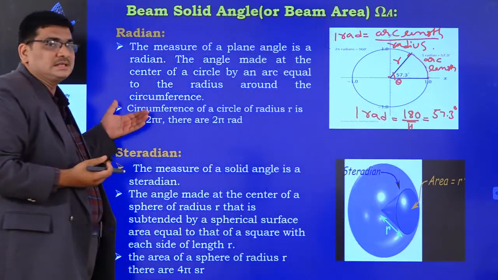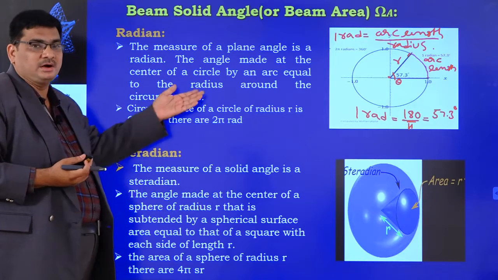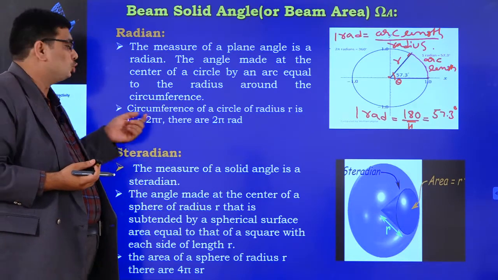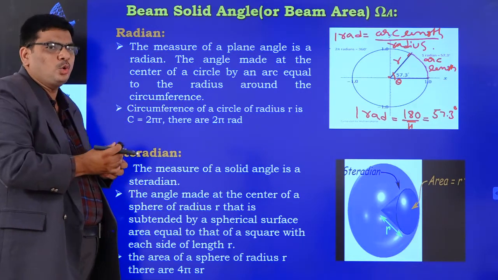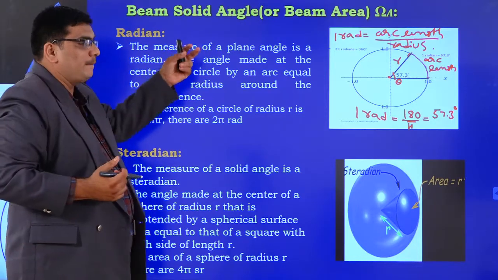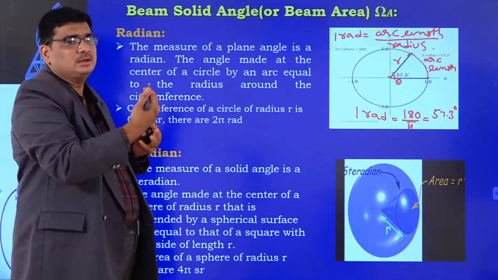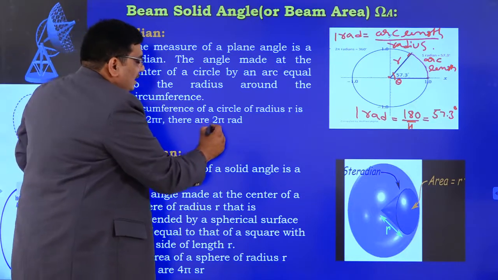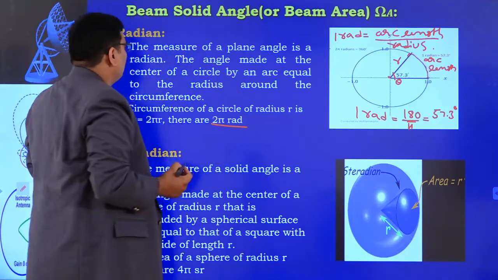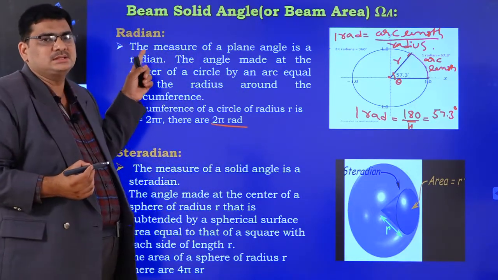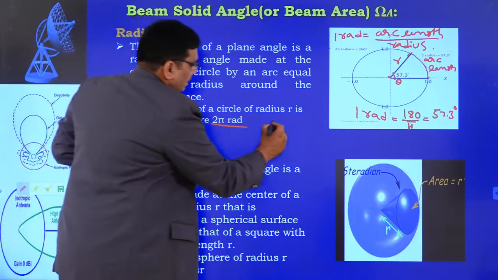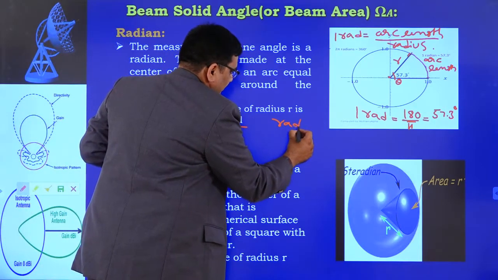We know that the circumference of a circle with radius r is 2 pi r. Therefore, to complete the entire circle, you require 2 pi radians. We measure radians in terms of rad.